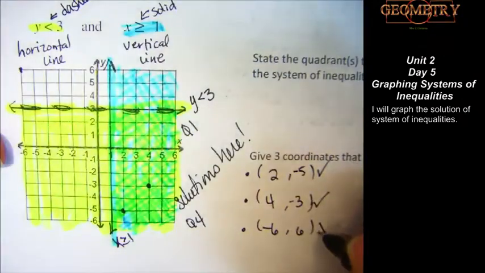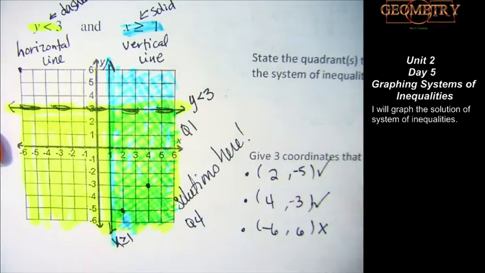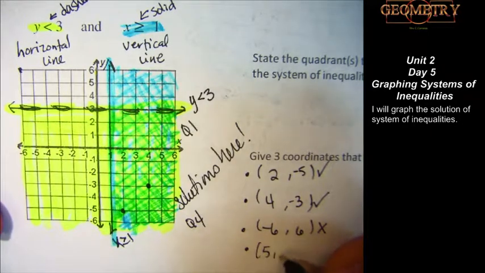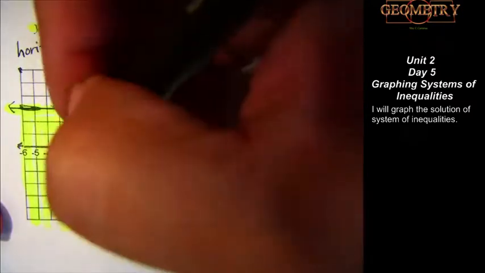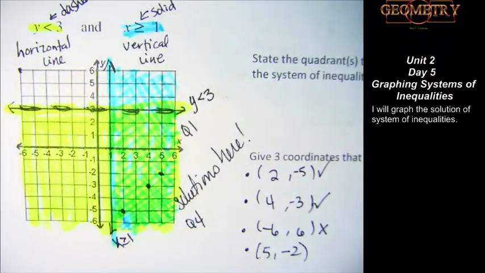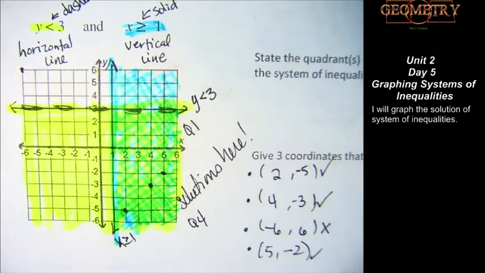This is not any solution. So let's pick another point. Let's find something that's within the solution set. 5, and -2. Here's 5, here's -2. We are somewhere in the green, so we're good. We ended up making a line, yeah. Yay. On accident.